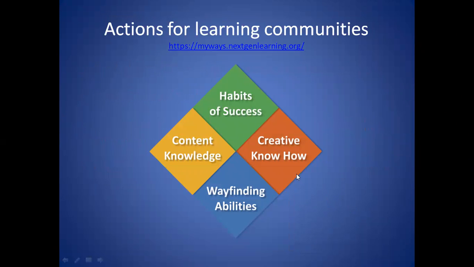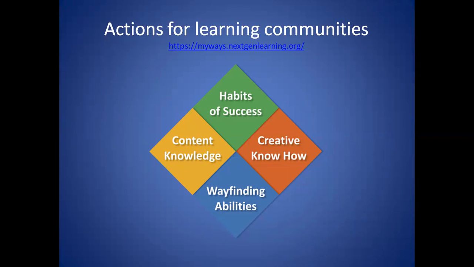Now, this, and their website, it might be hard to read at the top, is about how to establish a learning community that builds advocacy and self-esteem. And it comes from the nextgenerationlearning.org website.